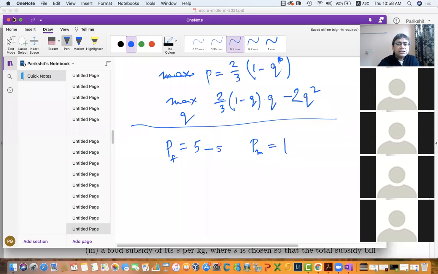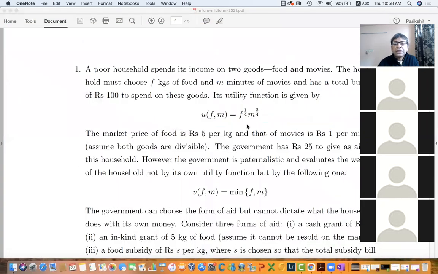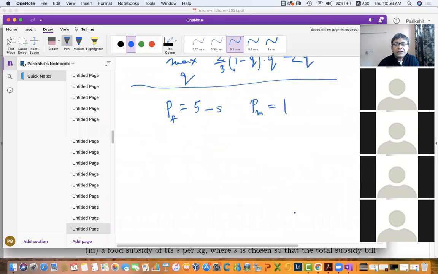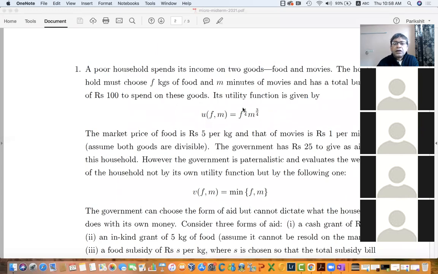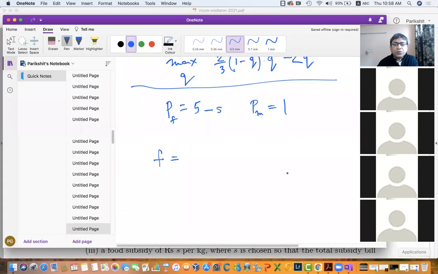They have Cobb-Douglas utility. So I'll exploit what we know. Again, you should derive things when you're answering a question like this, but we know that the demand for food will be one-fourth, the exponent on food, right? 1/4 of the income will be spent on food.